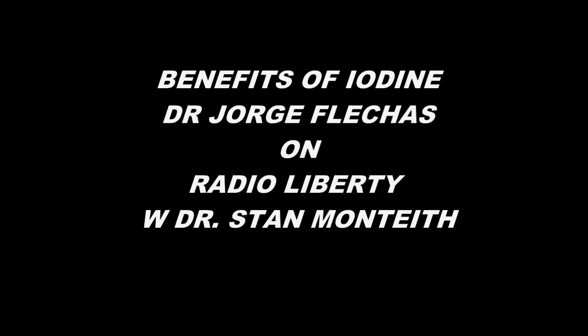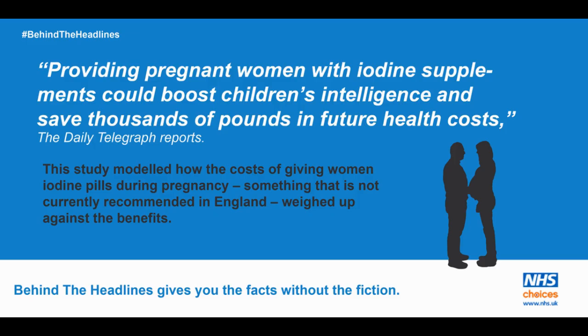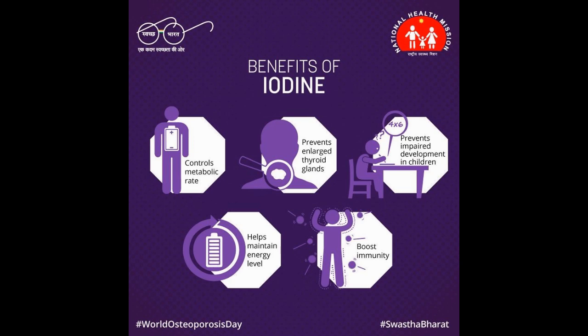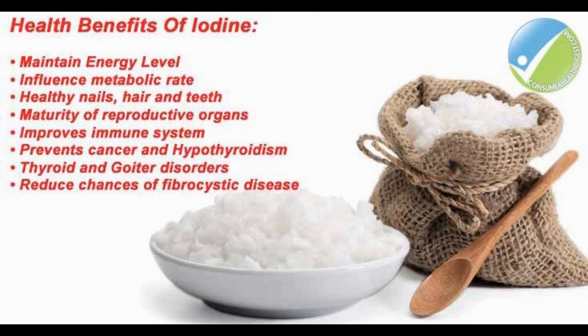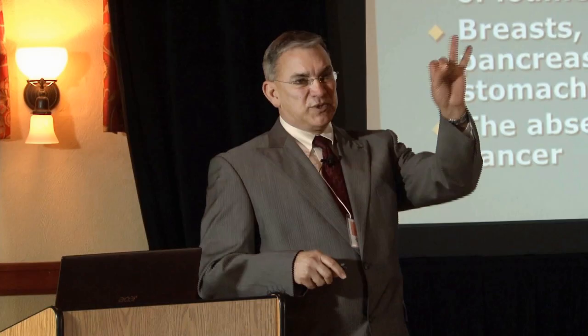In Japan, very few women develop problems with breast cancer, whereas over here the rates are very high. So there's exciting research being done in some of the medical centers in the United States now, where they are looking into whether iodine can be useful as a treatment for breast cancer.